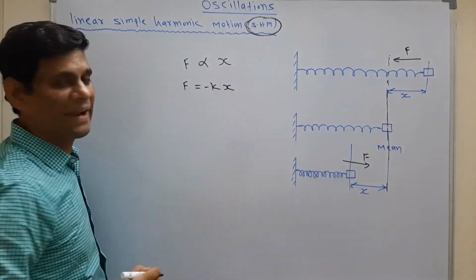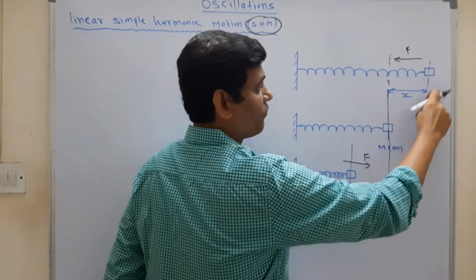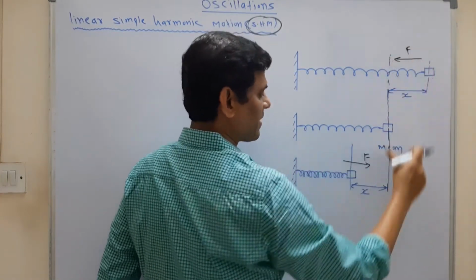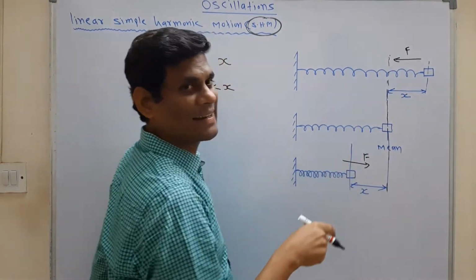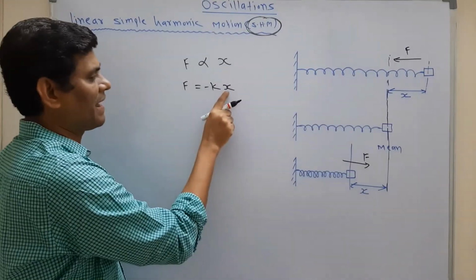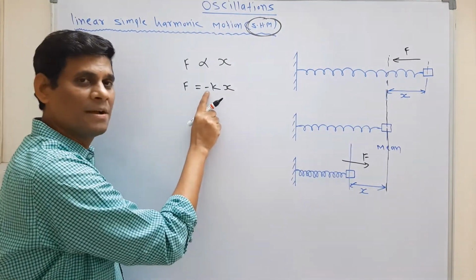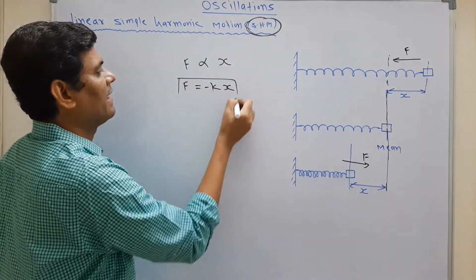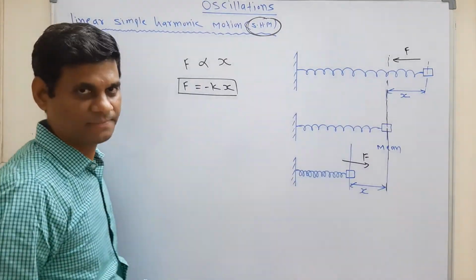Here we have to write minus. Why minus? Because when displacement is towards the right, force acts towards the left. When displacement is to the left, force acts towards the right. That means force is always directed opposite to displacement. So we have to put a minus sign, where k is a constant called the force constant.